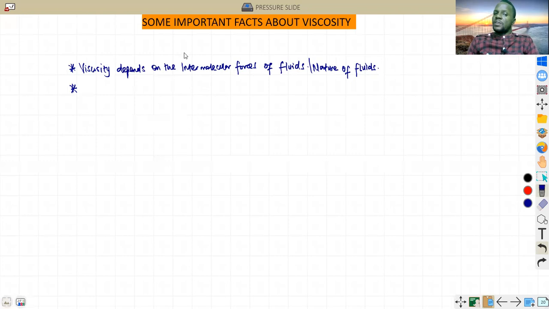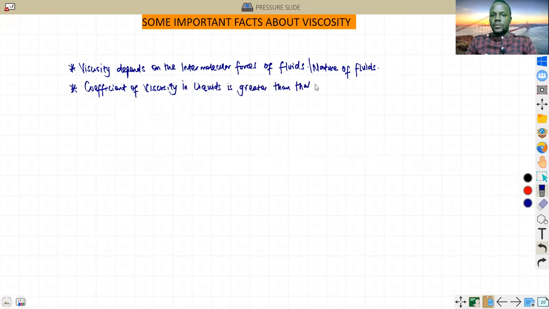So we need to keep this down also about some facts about viscosity, that the coefficient of viscosity in liquids is greater than that of solids, of gases.